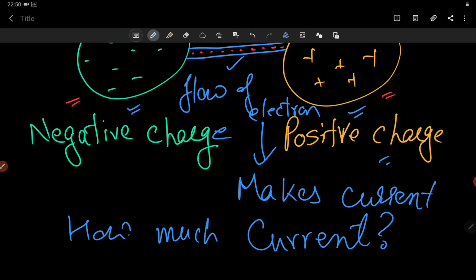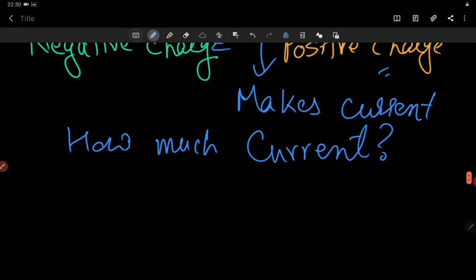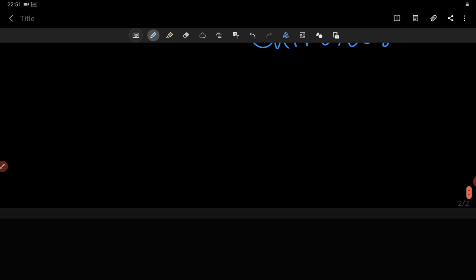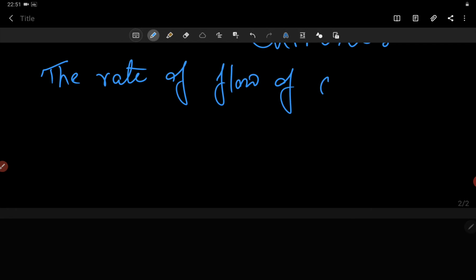So to answer this particular question, it's not only the flow of electrons, it can be the flow of positive charges as well. So how much current is actually the rate of flow of charge, sorry, not the rate of flow of current, I am so sorry.